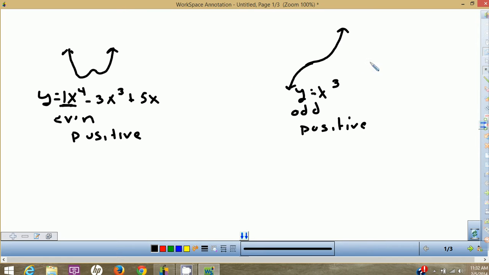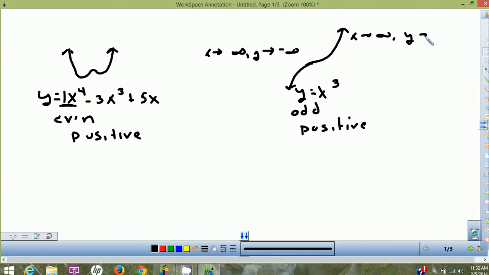As x approaches infinity, y approaches infinity. That's another way to say that. I'm just saying, it's going down as you go to the left. It's going up as you go to the right.